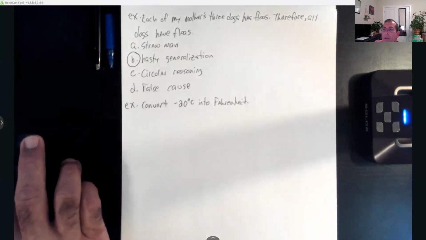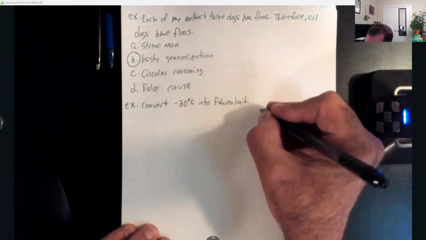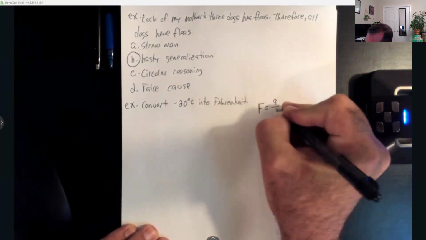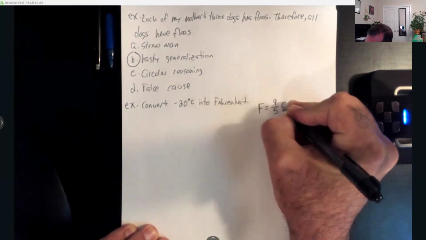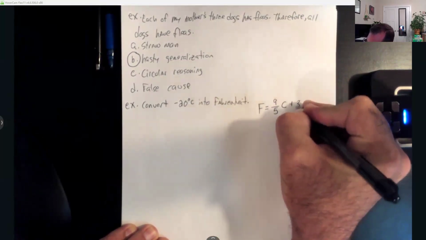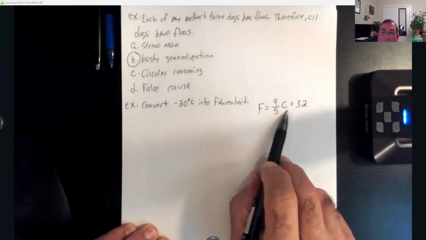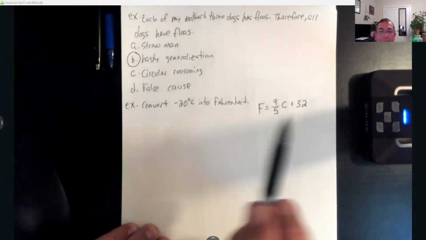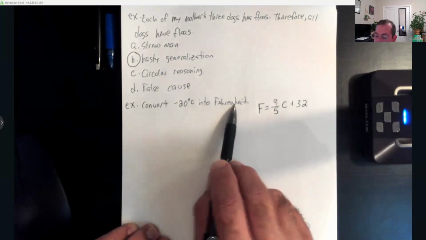All righty, y'all. So on this one, we got a formula that says Fahrenheit equals 9/5 times Celsius plus 32. So if we know the Celsius temperature, we plug that in, work our formula, and that'll give us our Fahrenheit.